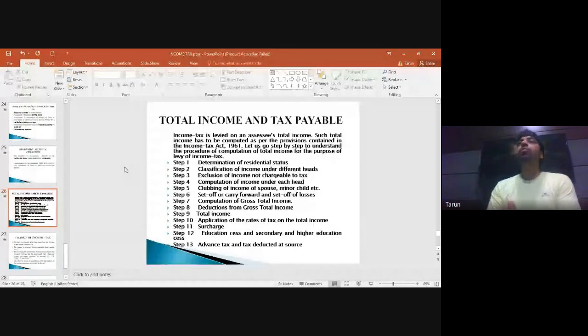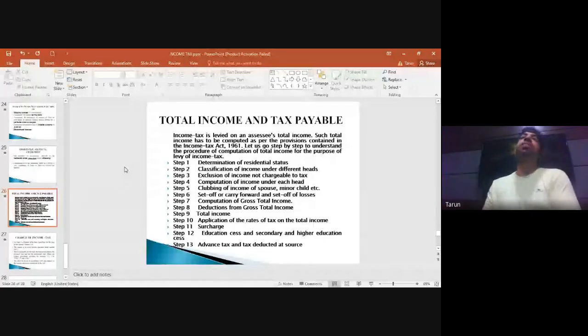Once you have gone through the whole income tax law and practice, this is the procedure to calculate the tax on your total income, whether your income is from salaries, business and profession, capital assets or any other source.